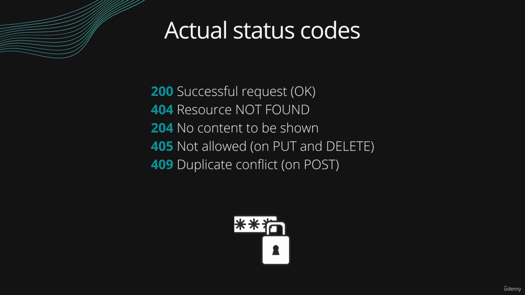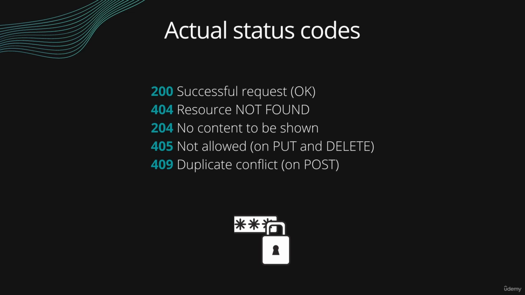The 404 return status means that the resource that we were trying to access was not found, and most of you may already know that. But furthermore, the 204 return code means that there is no content to be shown. The 409 code means that the method you are trying to execute is not allowed, and this happens almost always on the put and delete request methods.